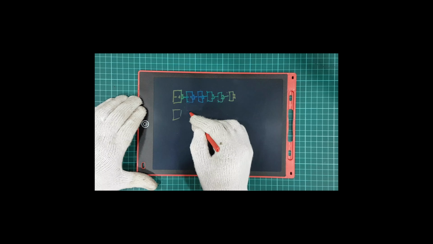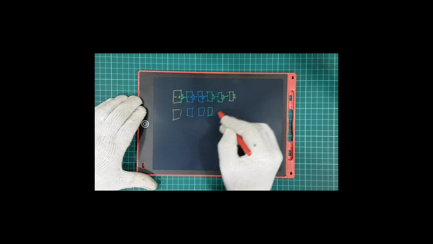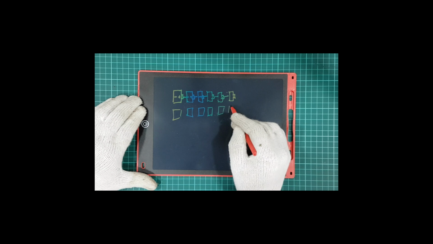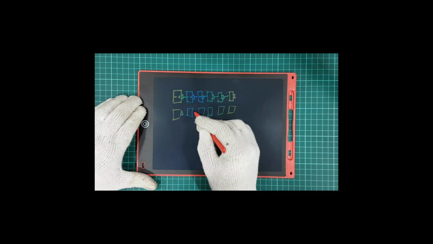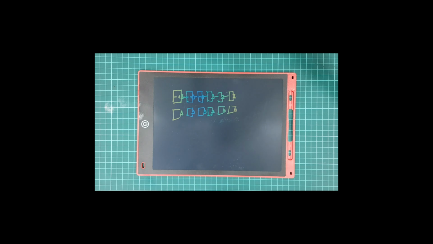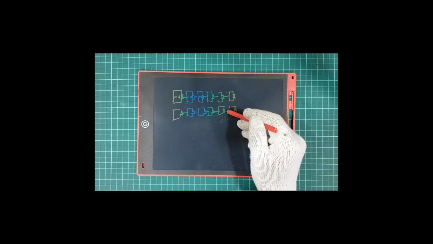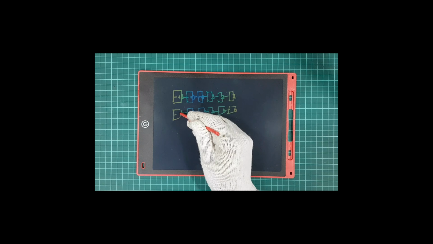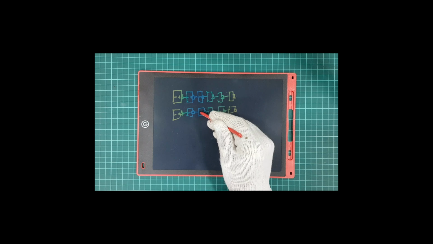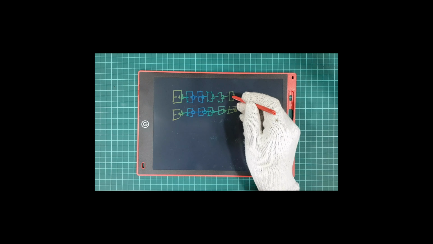This side we do the same thing. So we have another set in series, also the same configuration, minus plus, minus plus, minus plus, minus plus, minus plus, minus plus.